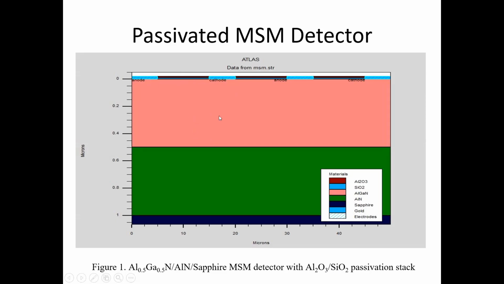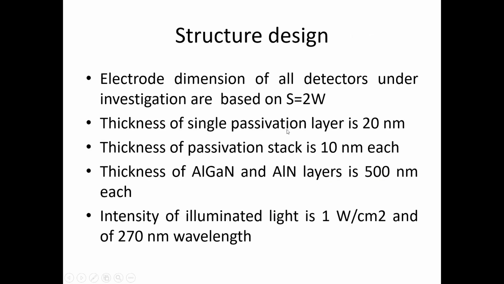Below the AlGaN layer, the green layer represents aluminum nitride, and the blue color represents the sapphire substrate. These metal electrodes are internally interconnected. So this is the proposed structure we have utilized in our present work.